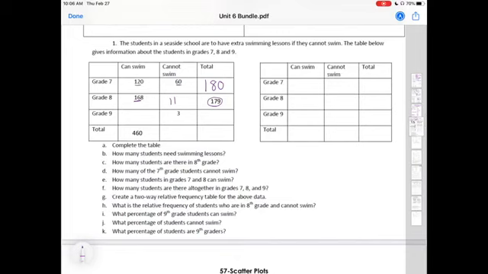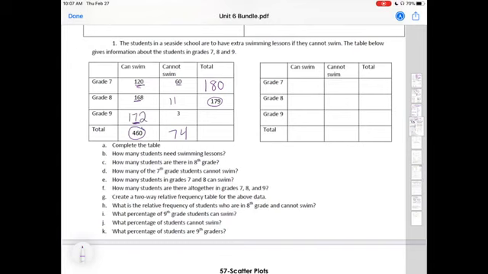Now how many total people can't swim? 60 plus 11 plus 3 is 74. Now I need to fill this box out. My total is 460, so 460 minus 120 and then minus 168 gives me 172.